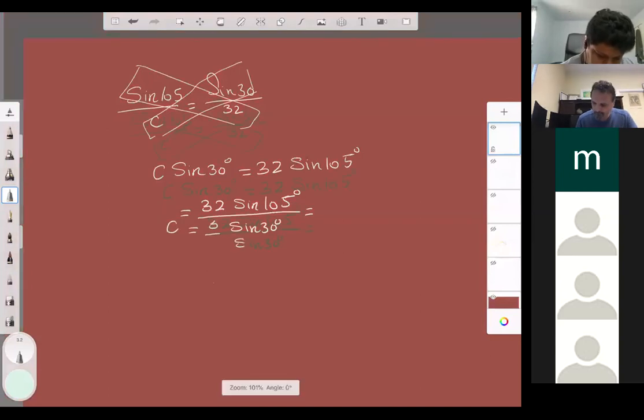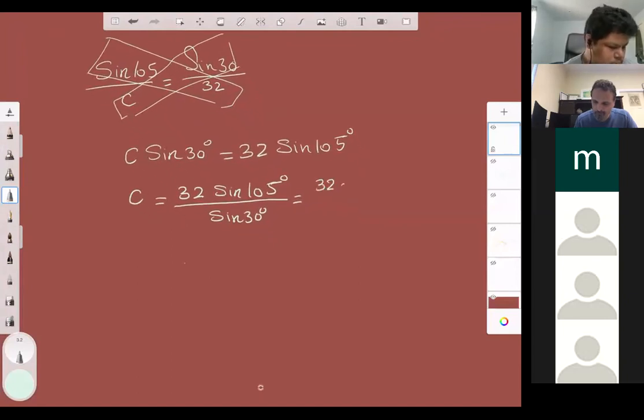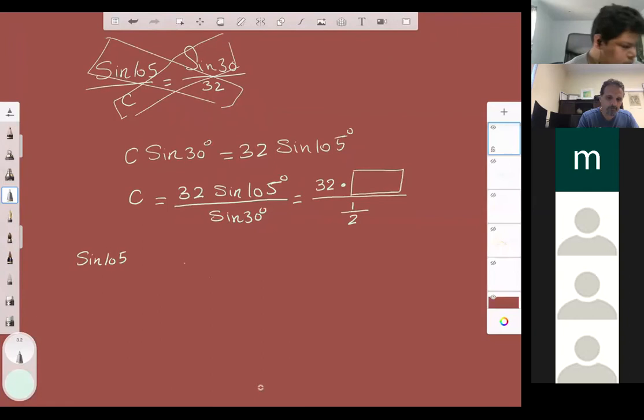So 32 multiplied by, sine of 30 is 1/2. What is sine of 105? I'm going to use my calculator. Sine of 105. What is that? 0.96. Correct? Yeah, use the calculator, 0.96.